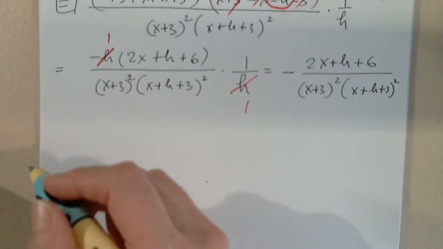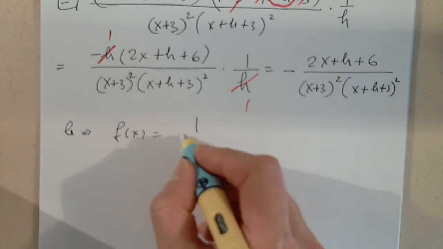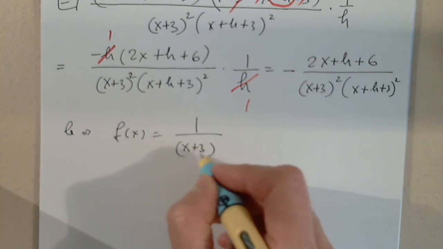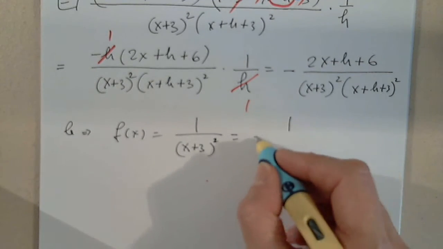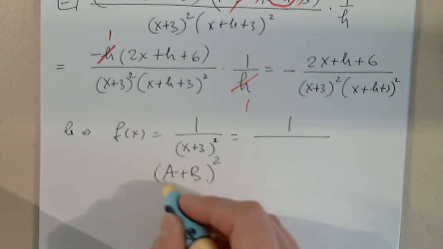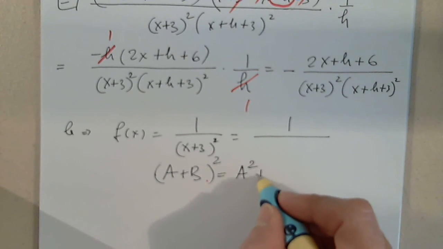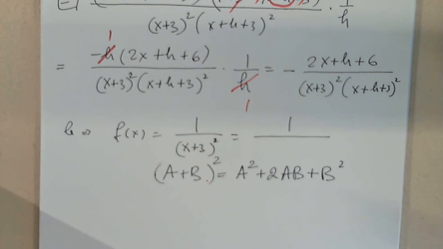Okay, so part B, they are just telling us that, which indeed is true, 1 plus x plus 3 squared is indeed the same thing. I'm using the formula a plus b everything squared, which is a squared plus 2ab plus b squared.